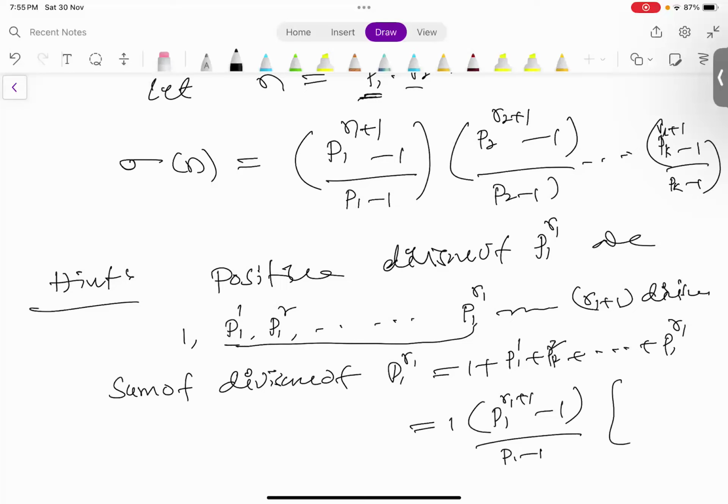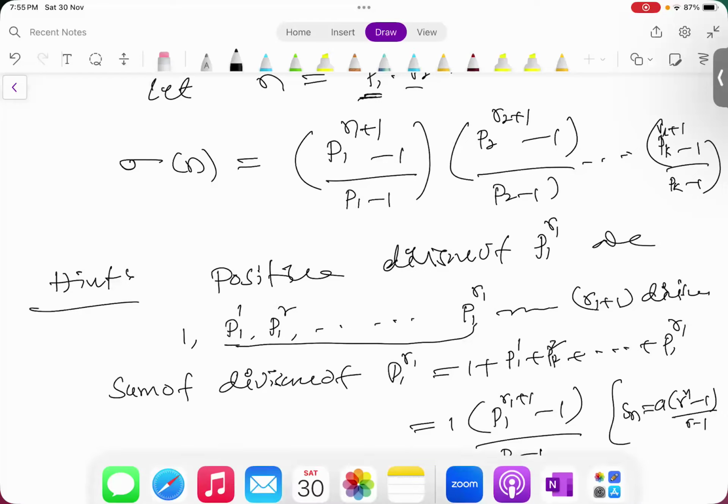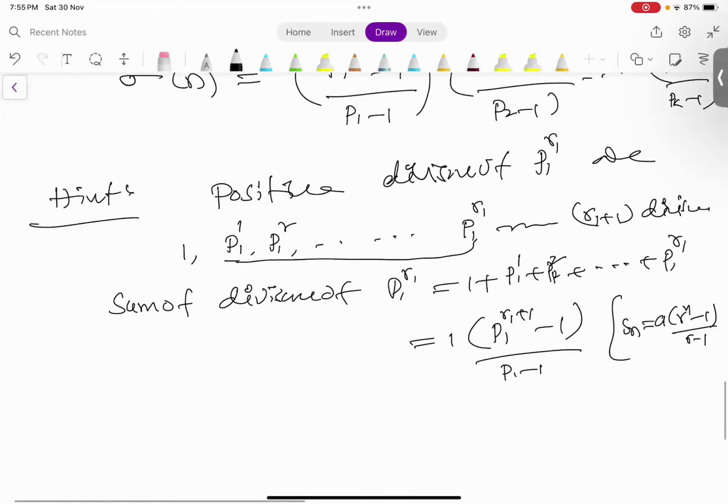Do you have an idea of the formulas in geometric series? In geometric progression, Sn is equal to a into r power n minus 1 by r minus 1. Here we have not n terms but r1 plus 1 terms, so we can write this as p1 power r1 plus 1 minus 1 by p1 minus 1.